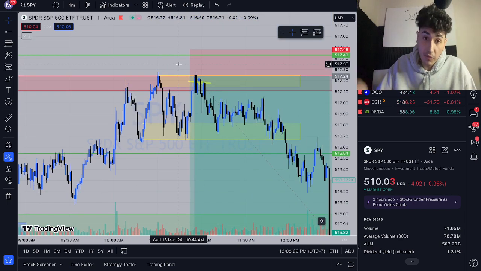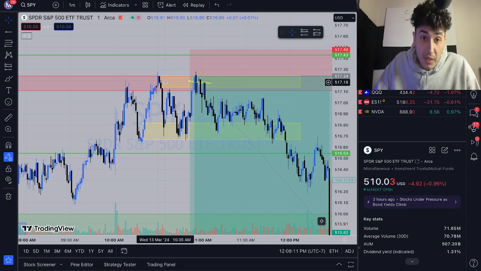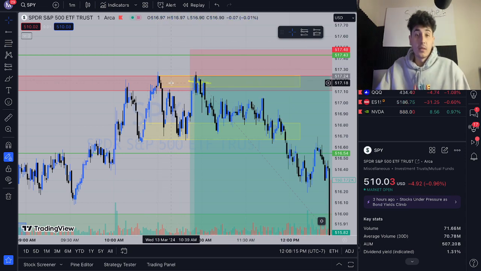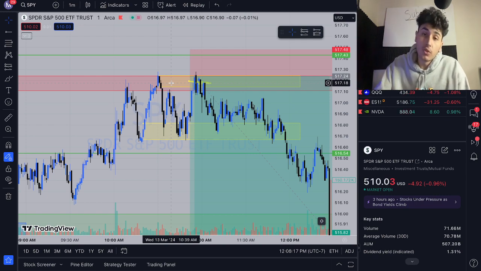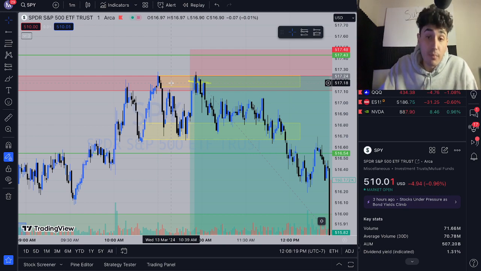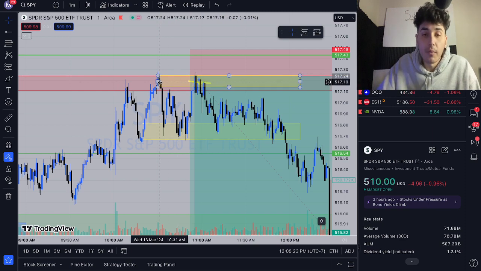Another key thing before I wrap it up: if you cannot match the 1 minute inside the 5 minutes, yes, you can still trade those zones, but honestly, when you match the 1 minute with the 5 minutes, that's stronger confirmation, and that should give you more confidence to take that trade.